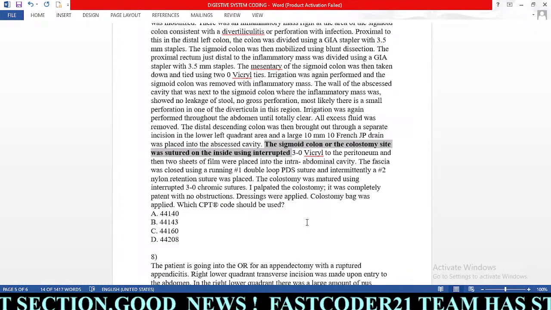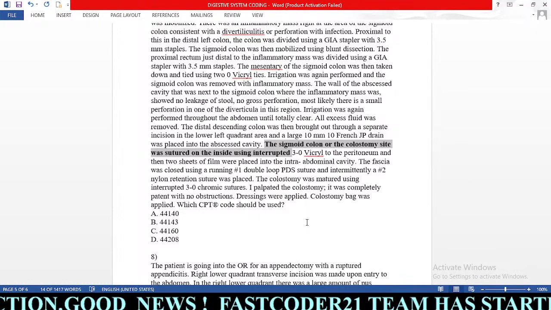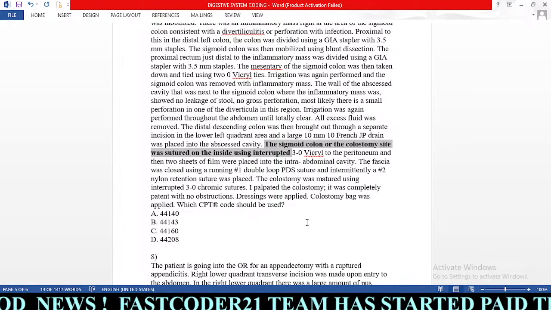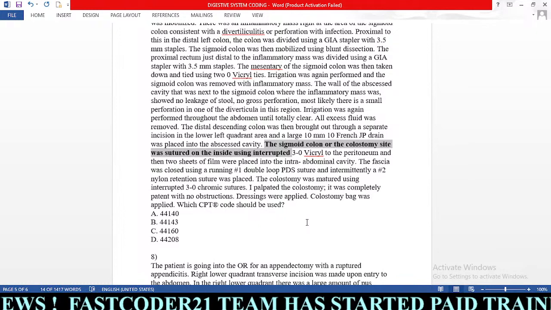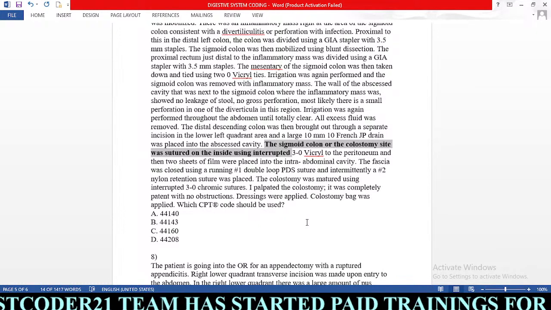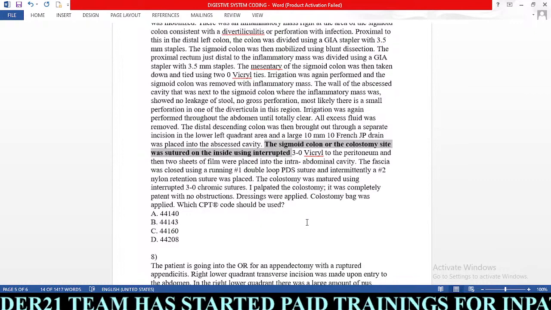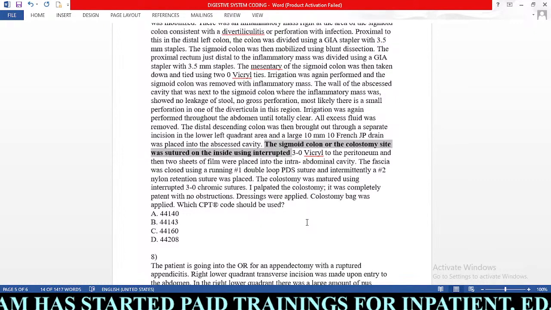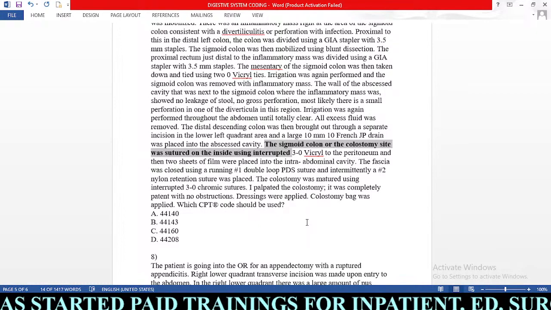We will check 44160. Colectomy, partial with removal of terminal ileum with ileocolostomy. Here the physician has performed only colostomy, not ileocolostomy. So we will eliminate 44160 also. We are left with 44143.